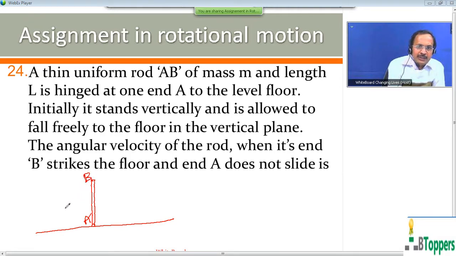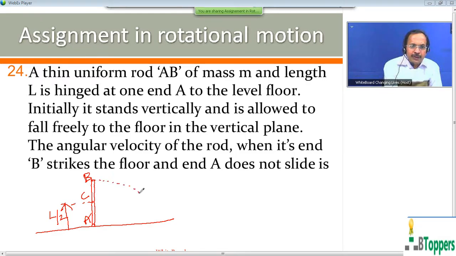Therefore, the center of mass of the rod, assuming that the rod is uniform, will be at a height equal to L by 2 from the lower end A. Let's denote the position of the center of mass of the rod in the vertical position.